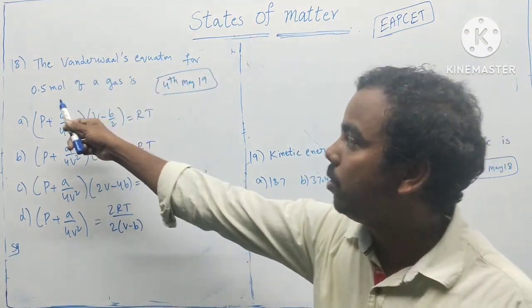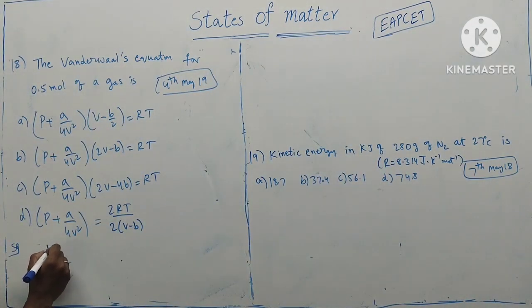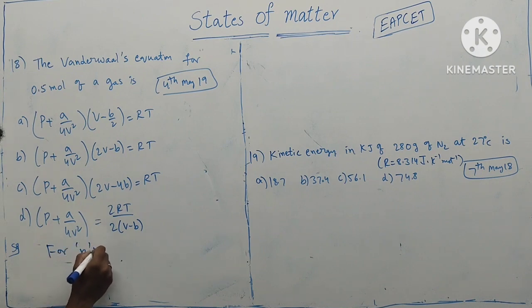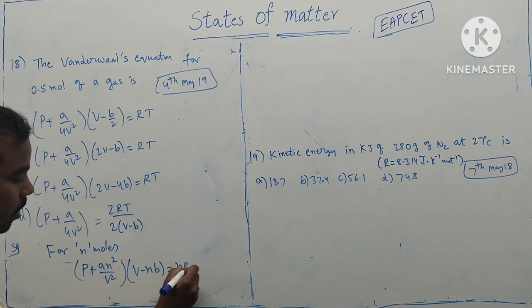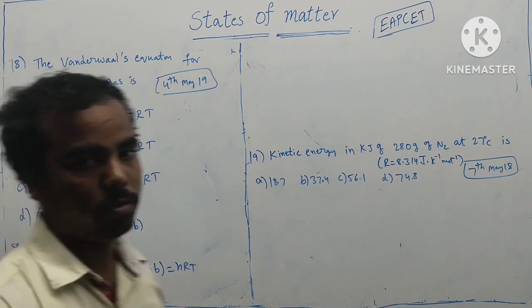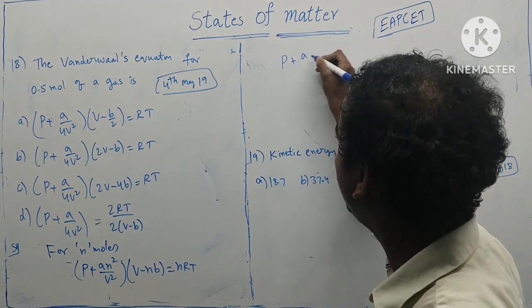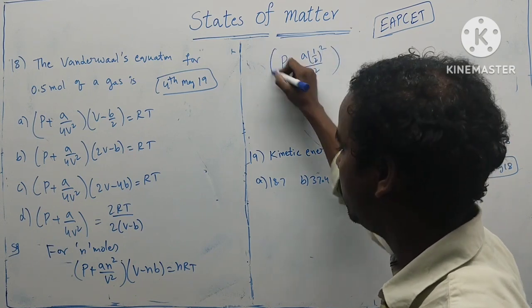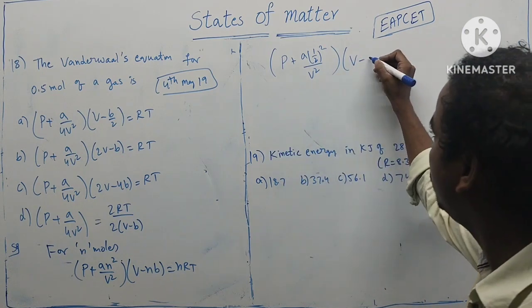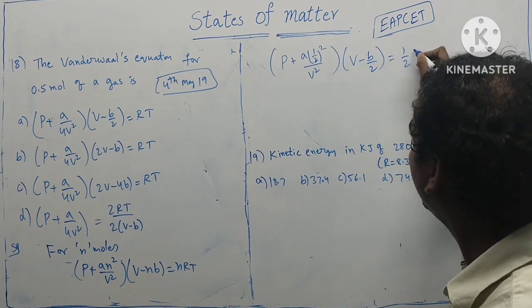The van der Waals equation for 0.5 moles of the gas. We know that the van der Waals equation for n moles is (P plus a n square by V square) into (V minus nb) equals nRT. But he asked for 0.5 moles, which means n equals half. So P plus a into (1 by 2) whole square by V square, into V minus b by 2, is equal to half RT.